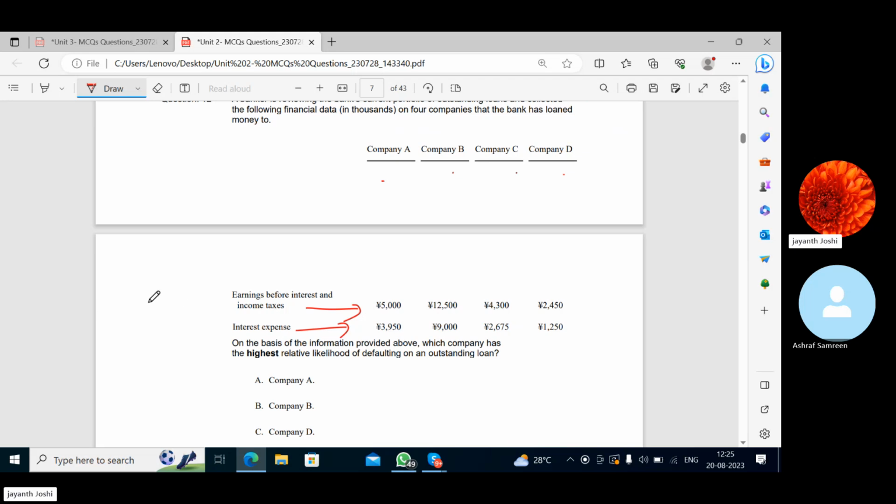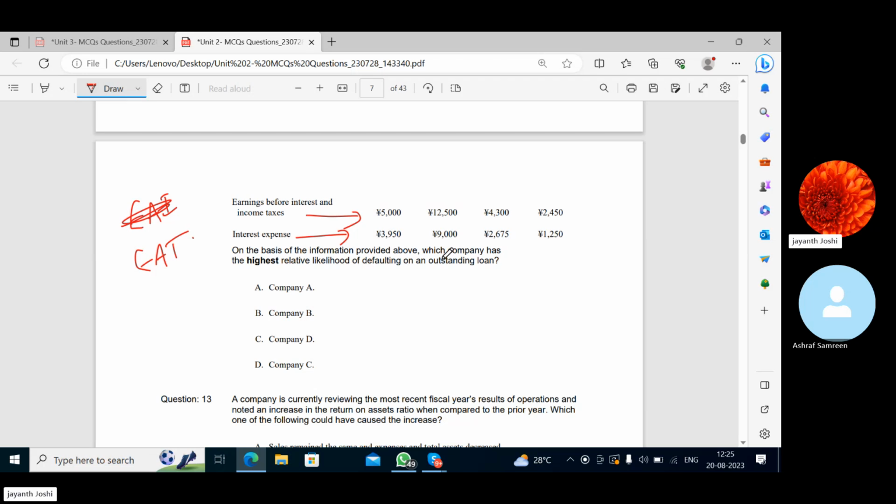After removing the interest expense, they get earnings after interest. So EAT, let's say after tax. We are not saying tax rates here. On the basis of information provided above, which company has the highest relative likelihood of defaulting on an outstanding loan?